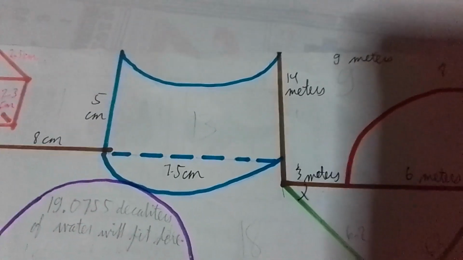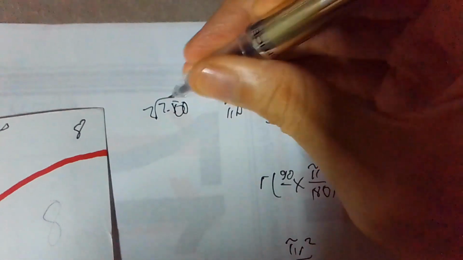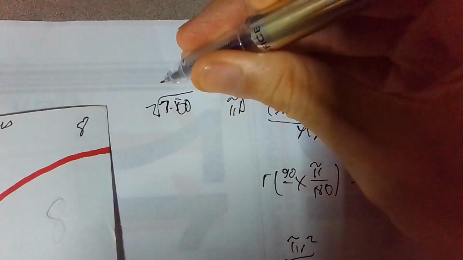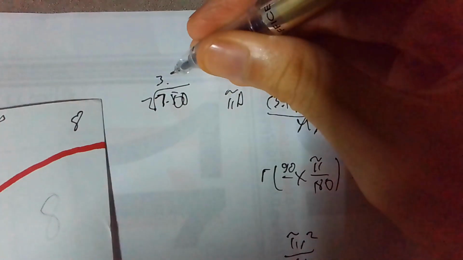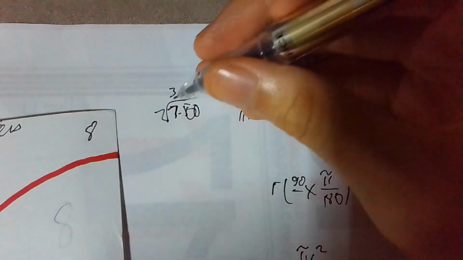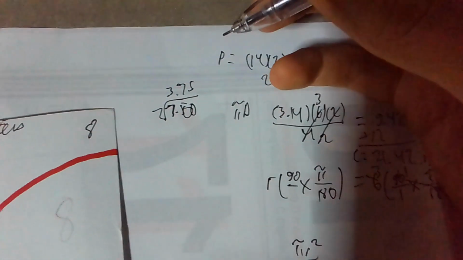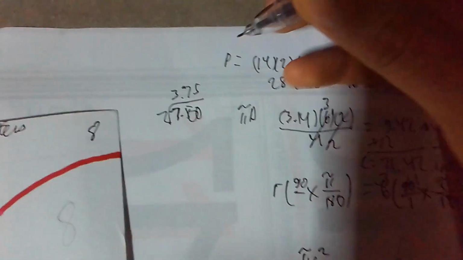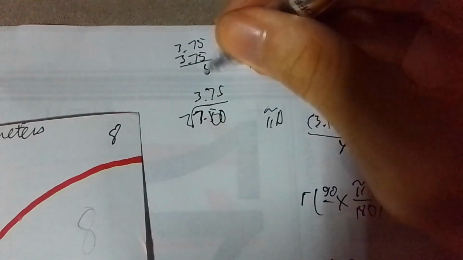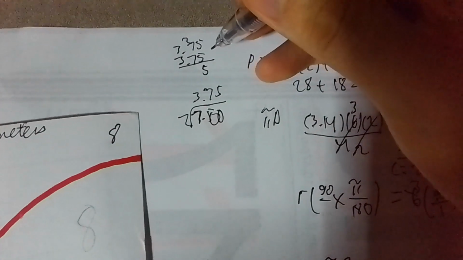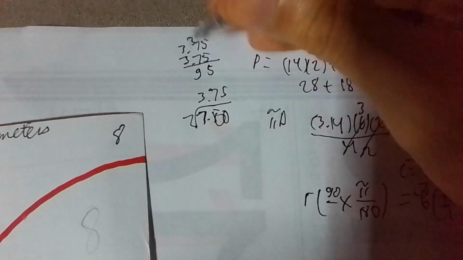Take note that 7.5 is the diameter, so we need to get the radius. So therefore, 7.5 divided by 2. We should get 3.75. So therefore, the radius squared is 3.75 times 3.75. 5 times 5 is 25. 5 times 7 is 35 plus 2, 37.